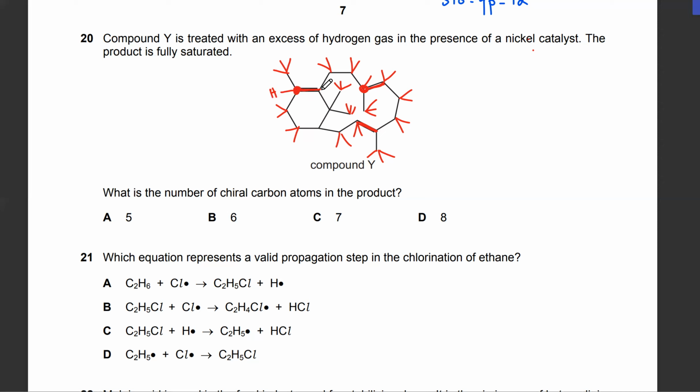This one over here also looks chiral because this one, the one that I'm marking, is also going to have 1 H, right? So it's going to have 1 H, and all 4 sides, they look different. This side is this thing, this side is this thing, this side is this thing, and there's 1 H. So all 4 sides are different for this one as well. So that is also chiral.